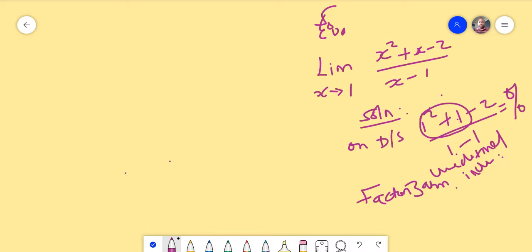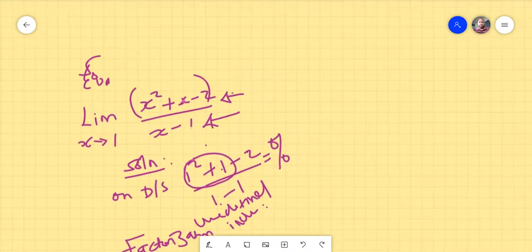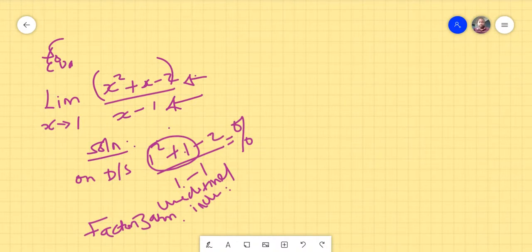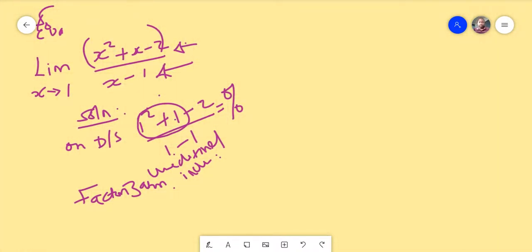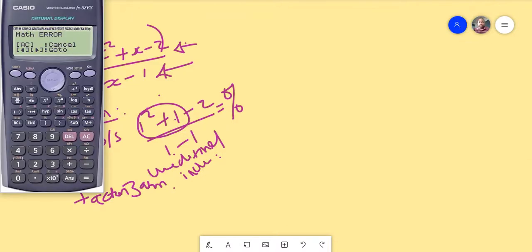Then that means we employ the next technique, which is factorization. When you employ factorization, we look at which term is to be factorized. Is it the upper one or the lower one? It's the upper one because it's the one that is second order. For this question I'll just use a calculator so that we can save time. I don't know if you're allowed to use a calculator or not, but for me I'll just use a calculator.